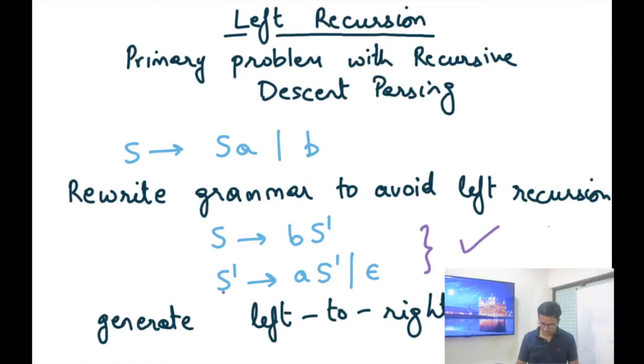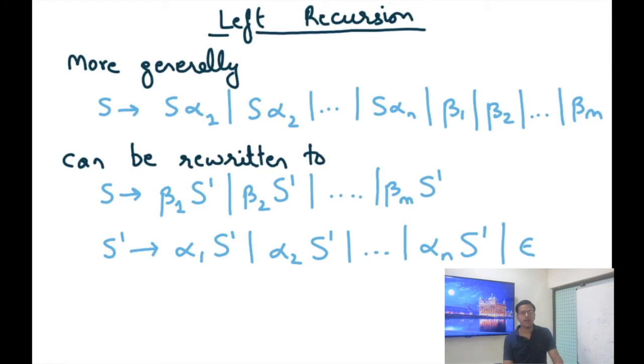Okay. More generally, if I have a grammar that looks like the following, that is left recursive. For example, S produces S alpha 1, where alpha 1 is some string of terminals and non-terminals. Similarly, it can produce S alpha 2, S alpha n.